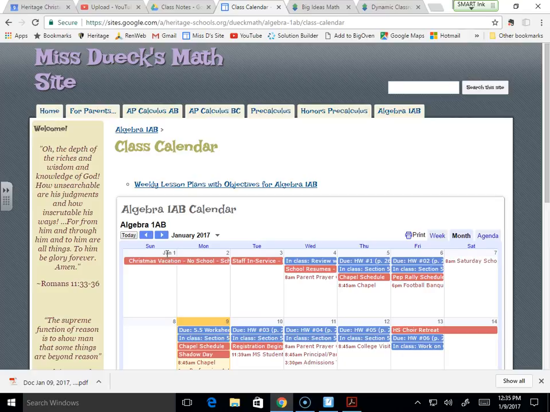Tiny URL .com / which means the one that goes that way. Just a normal class. Dueck, my last name, DUECK, math. You got it. So tinyurl.com / Dueck math.